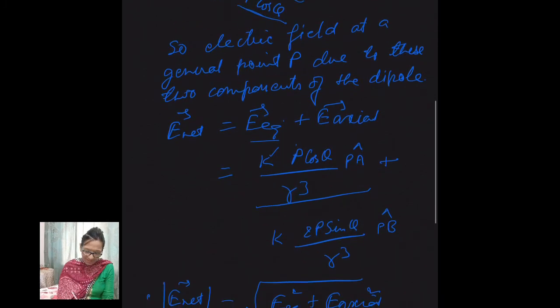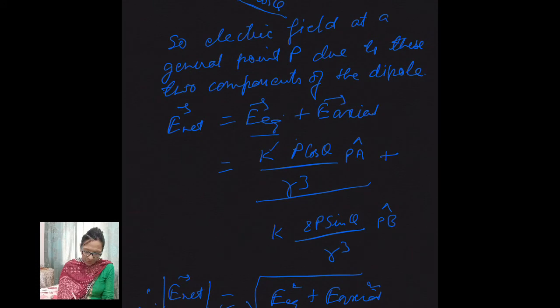This is the magnitude of the net electric field at a general point.